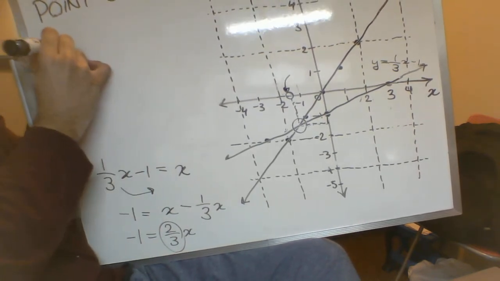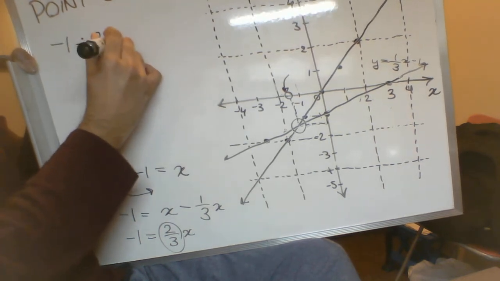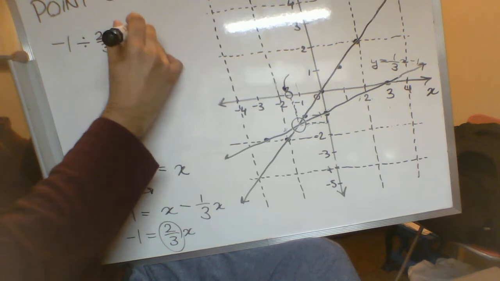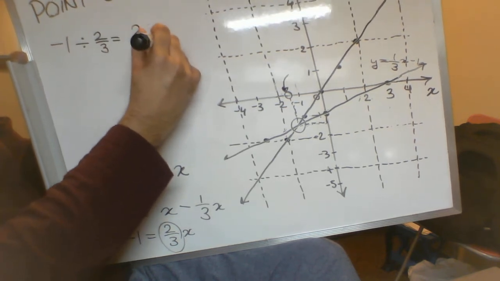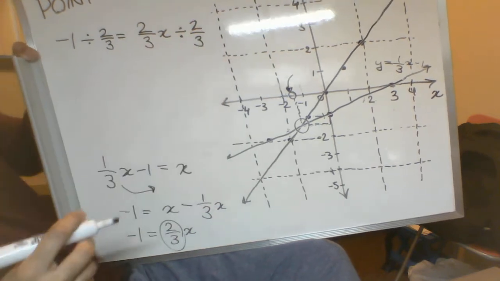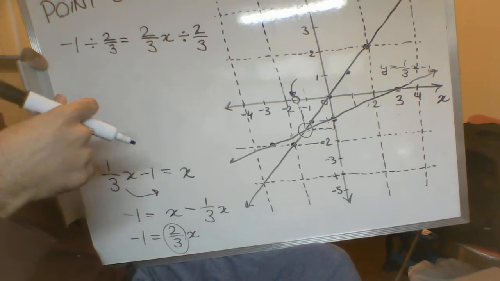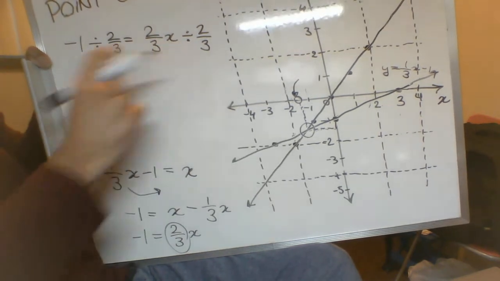So basically what I have is -1 divided by 2/3 is equal to 2/3 x divided by 2/3. Now if you remember when we're dividing fractions, we flip over the fraction and change the division sign to a multiplication sign.